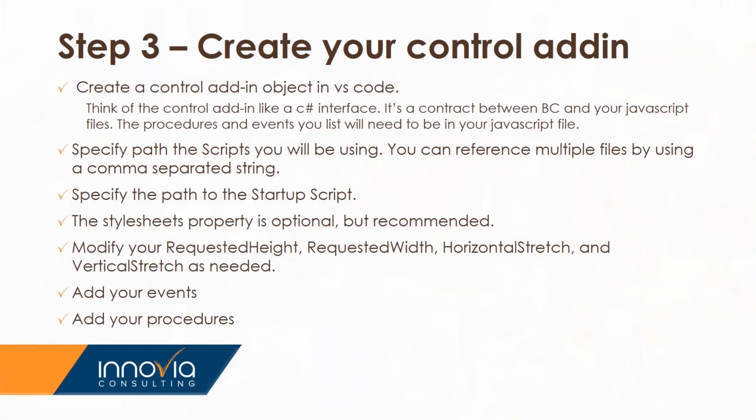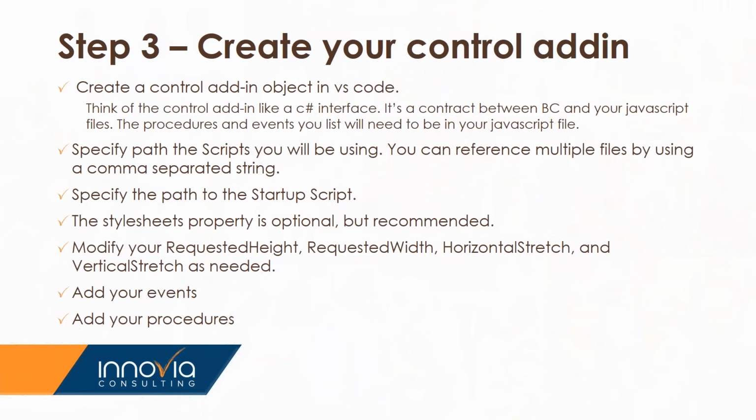So there is a control add-in object in Visual Studio Code. It's like a page object, table, got your report objects, codeunits, queries, XML ports. You also have a control add-in. And if you've done C# programming or any programming in Java, there's something called an interface.